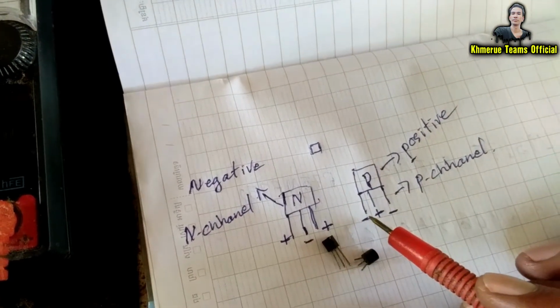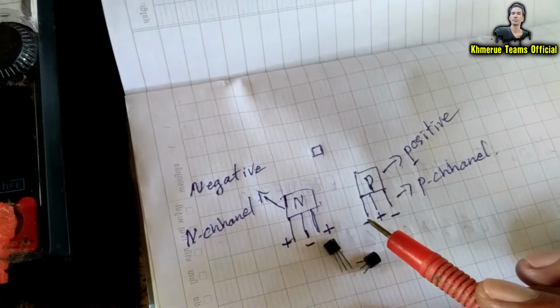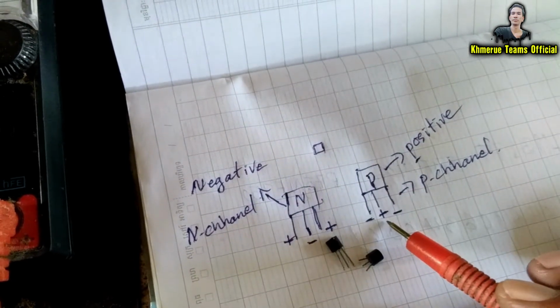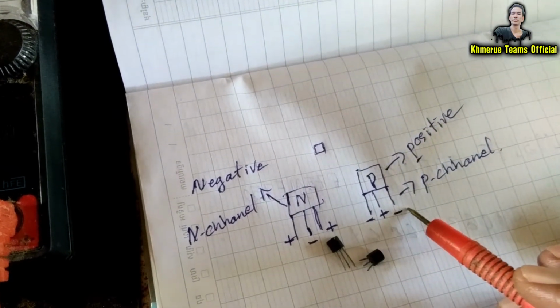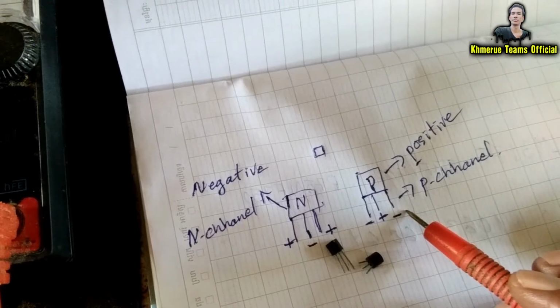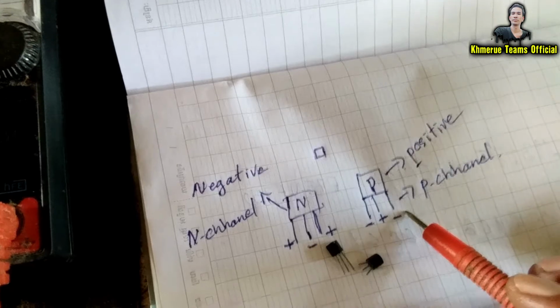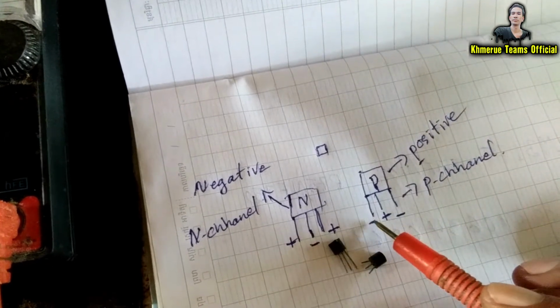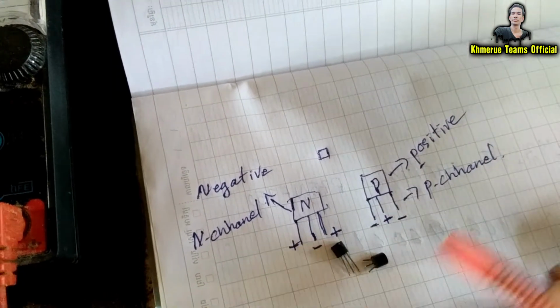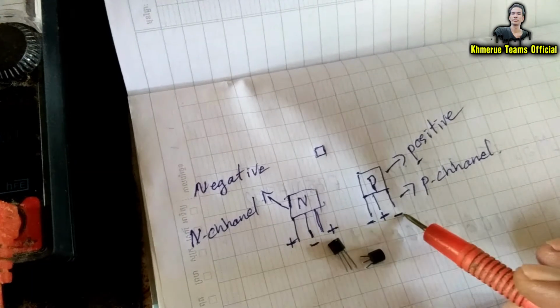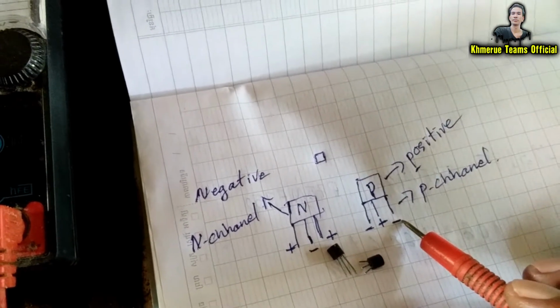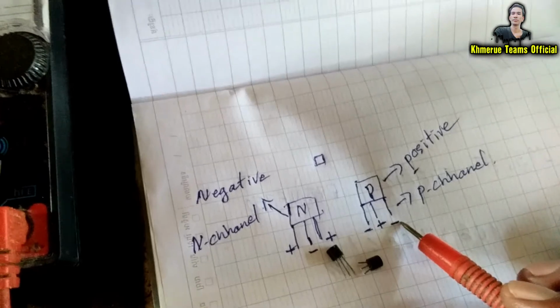Here is a drain, here is a gateway, but they don't call it drain, gateway or anything, because this small transistor is different from a FET and different from a bigger transistor.